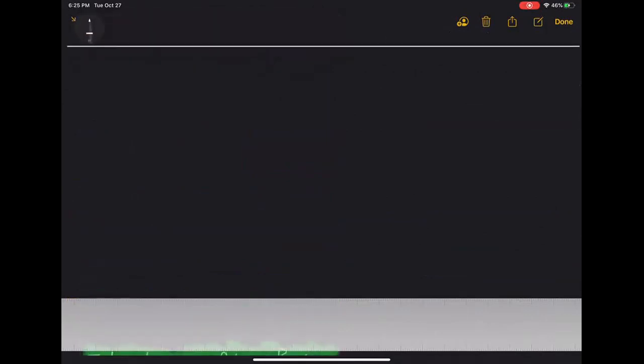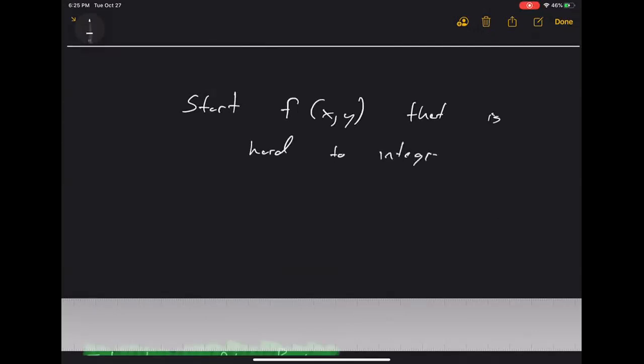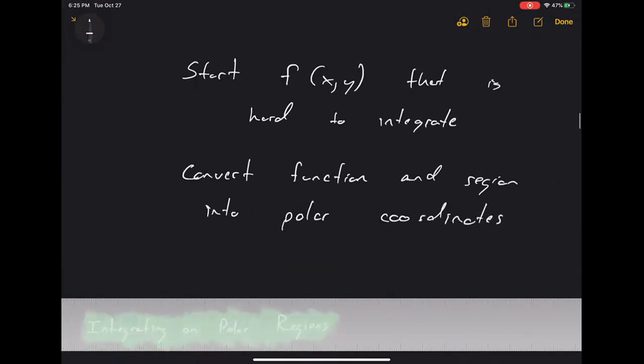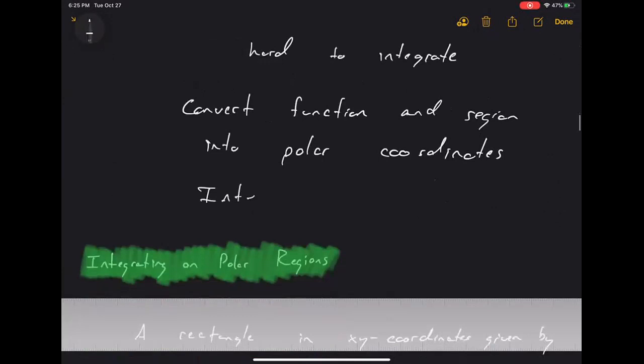In this section, the big tool we're going to develop is this: we start with a function of x and y that is hard to integrate, and then we convert the function and region into polar coordinates, and then integrate in terms of polar coordinates.